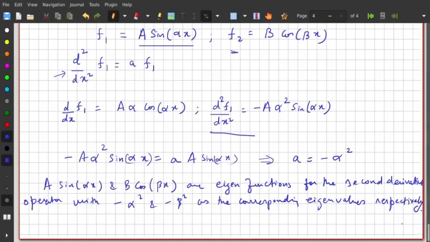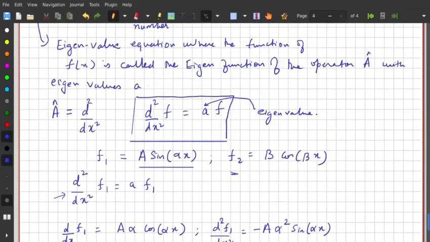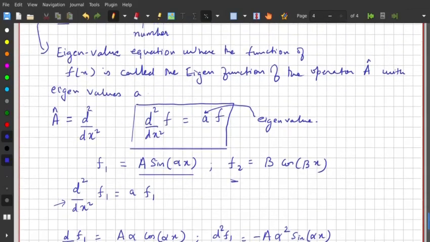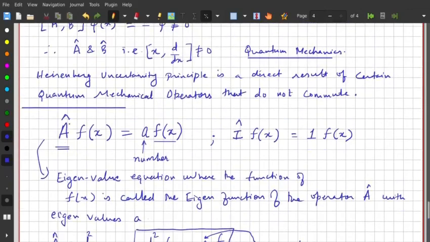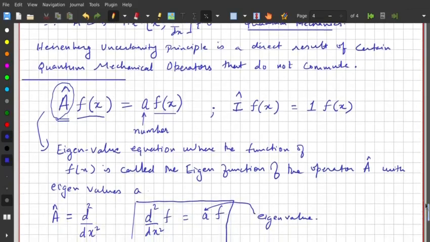Okay, so that's the generic idea of what we mean by an eigenvalue equation, and what an eigenfunction is for a given operator. When you take an operator and operate it on a function, the output is a scaled version of the original function. This is only true for very special functions.